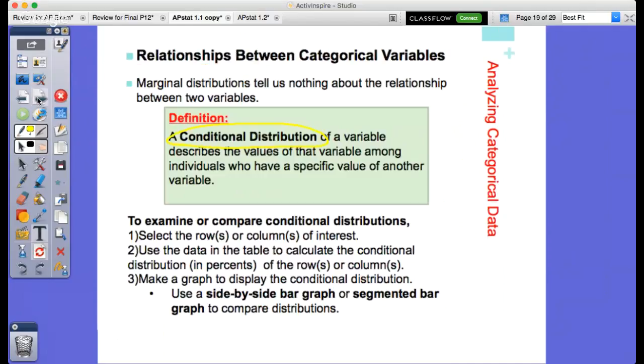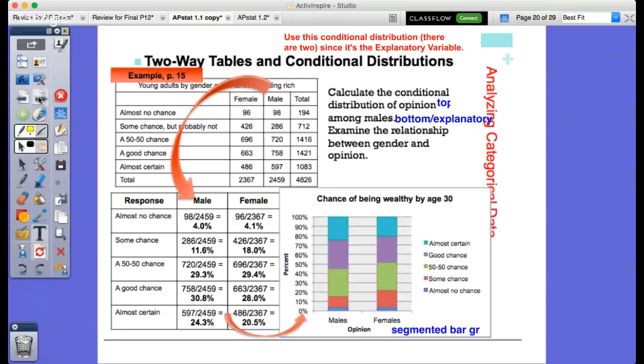That's kind of what we saw just a little bit earlier. So in this, we'll again select the row or column that we're specifying, and we use the data to calculate the condition that we're putting on it, again, between males and females. And then what we'll do is compare a bar graph, or sometimes we do a segmented graph to be able to find the difference here.